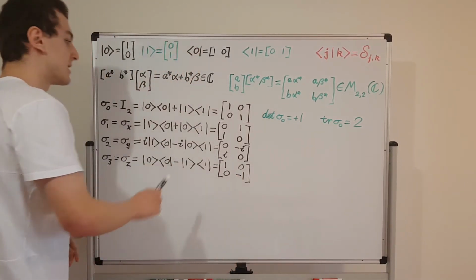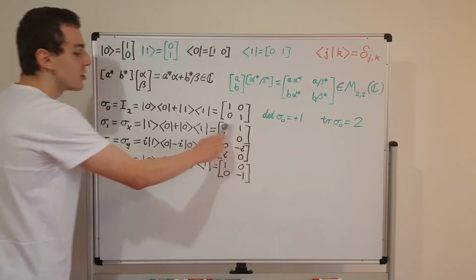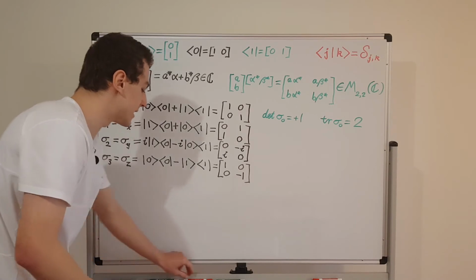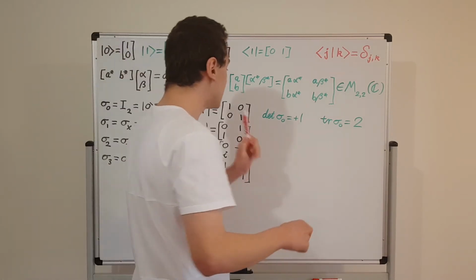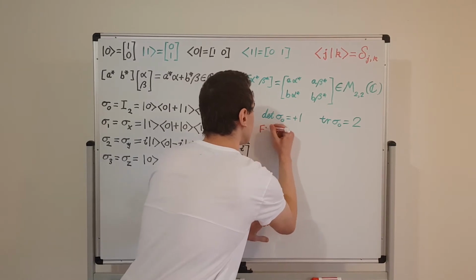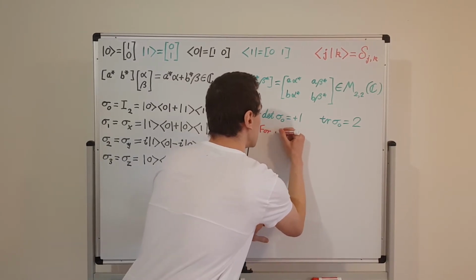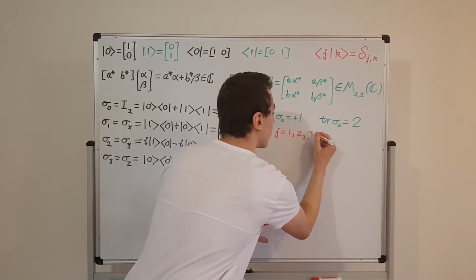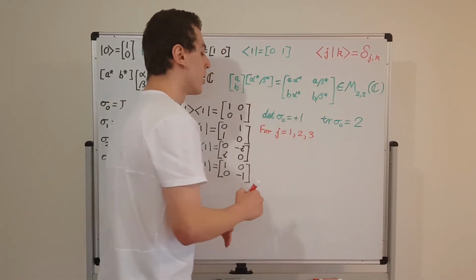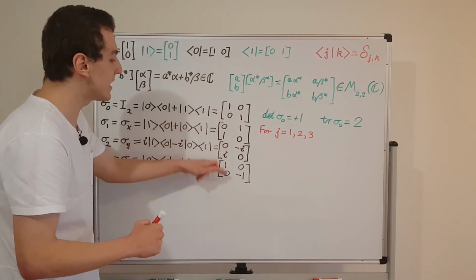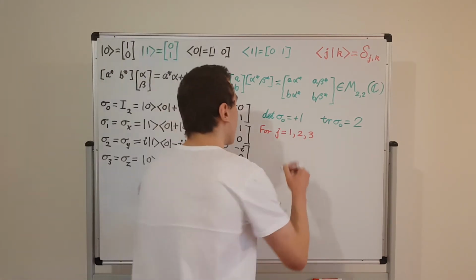Now, I want to write down some interesting properties that are shared between these three matrices over here. So I'll write this explicitly as we're going to use an index j. So let's write down for j equal to 1, 2, and 3, what are we going to have? Well, the determinant is going to be minus 1. All three of these matrices have a determinant of minus 1.